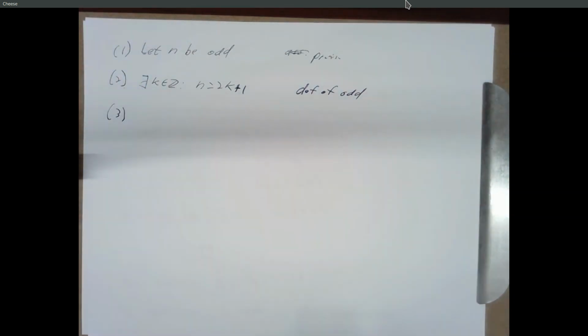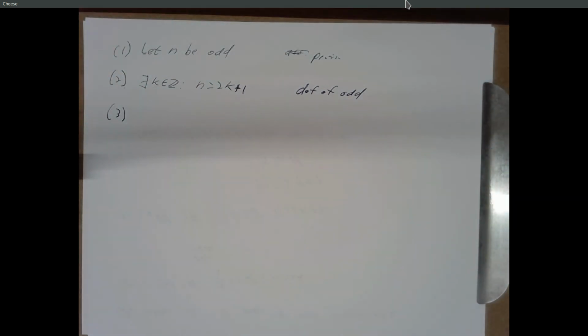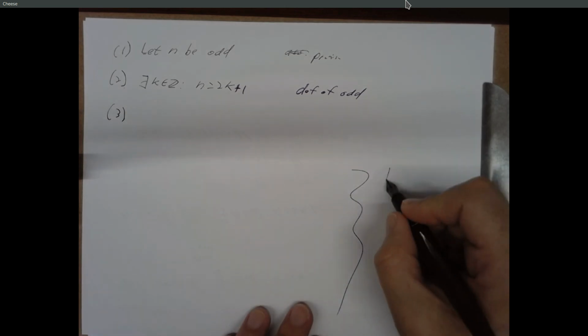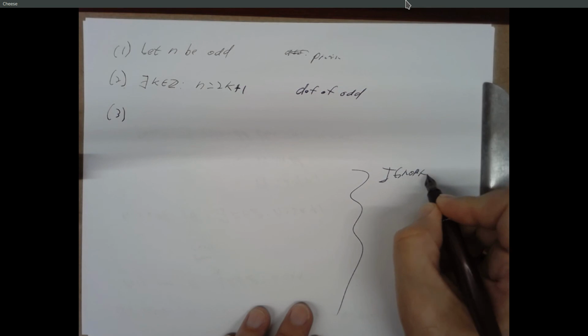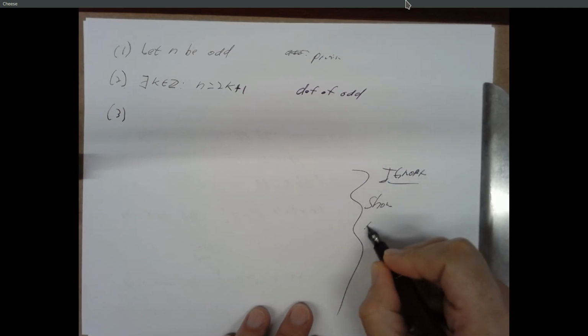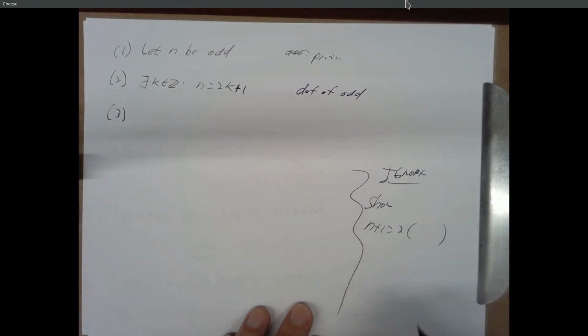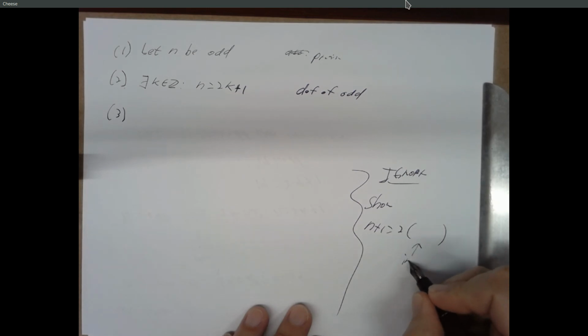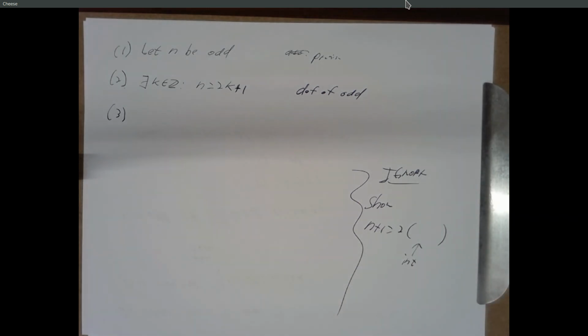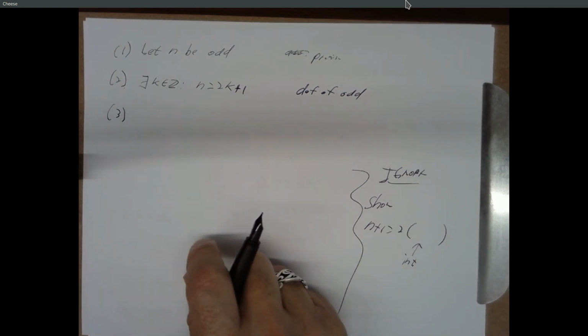When we know that n equals 2k plus 1, we're trying to show something about n plus 1. So over here, we want to show n plus 1 equals 2 times some integer. That'll show that n plus 1 is even. Well, I've already written n as 2 times some integer plus 1.